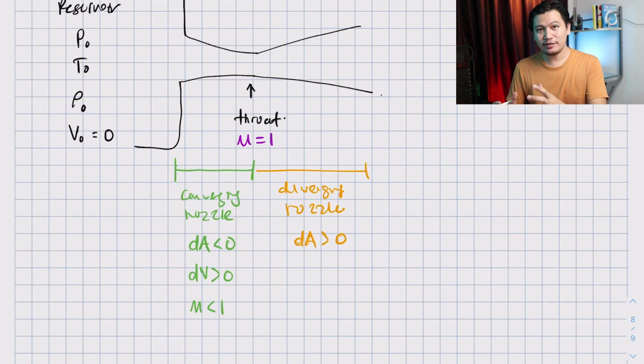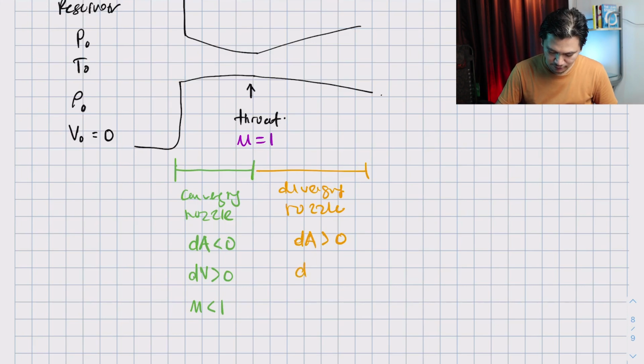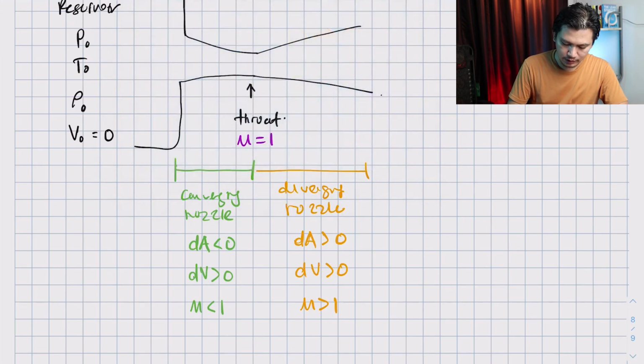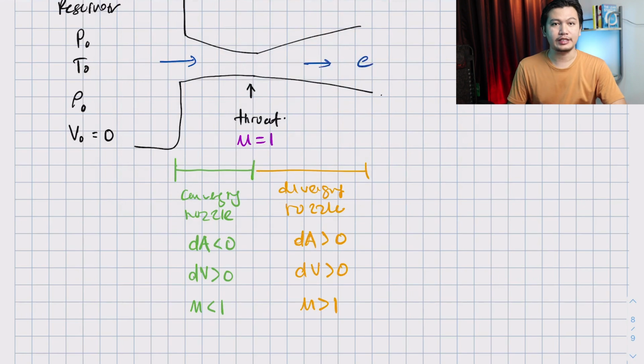So when Mach number is greater than 1 and dA is positive, you will have positive dV. And of course here the Mach number is greater than 1. And just to be clear, the flow is going from left to right, and this is the exit or E.